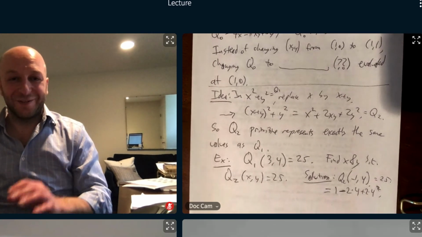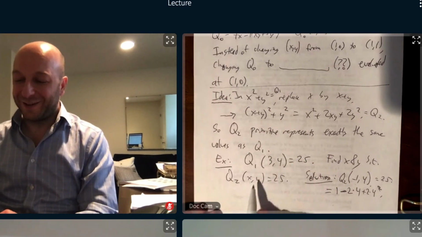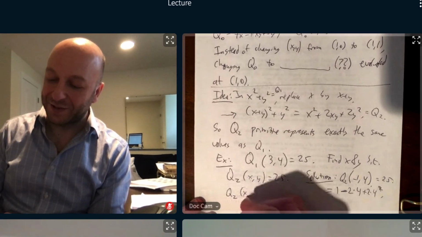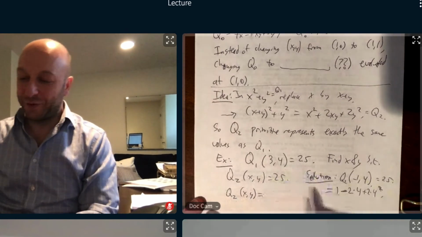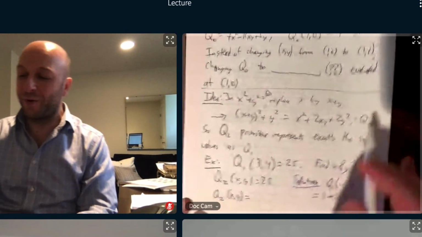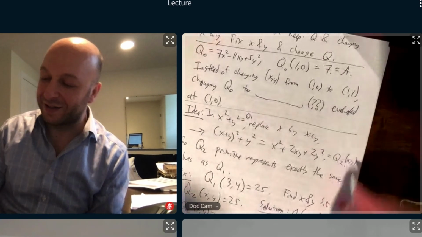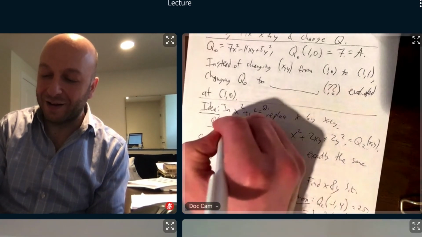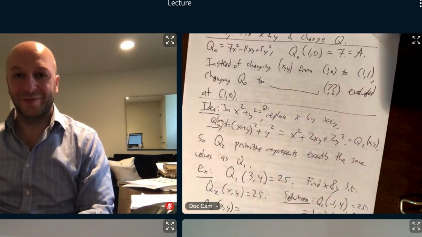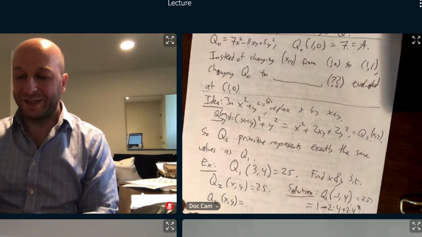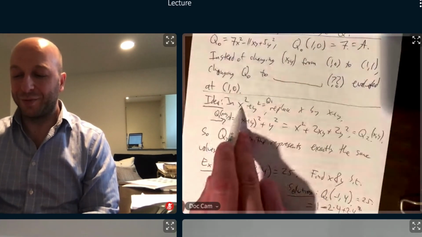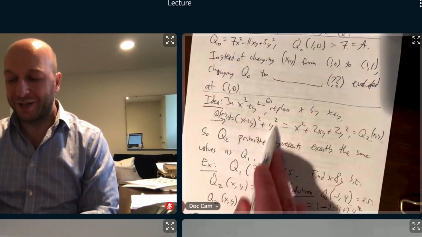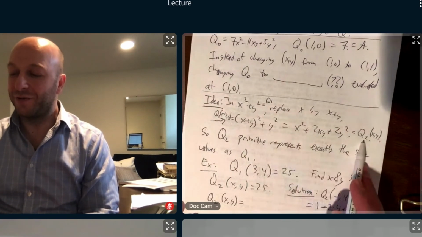Now, what Daniel did is exactly the right thing. Remember, because of how we created it, Q2 of x comma y is Q1 of x plus y comma y. Does everybody see that? If I stick in x plus y in place of x, then Q1 gets us x plus y squared plus y squared, which is how we define Q2 of x and y.